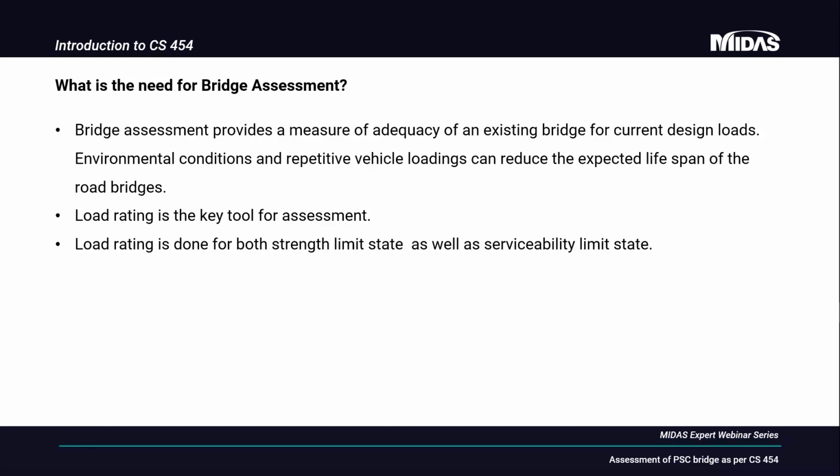The basic purpose is that bridge assessment provides a measure of adequacy of an existing bridge, or a new bridge for that matter, for the current design loads. Environmental conditions and repetitive loading can reduce the expected lifespan of a road bridge. This is when bridge assessment comes into the picture, and load rating is the key tool for assessment.